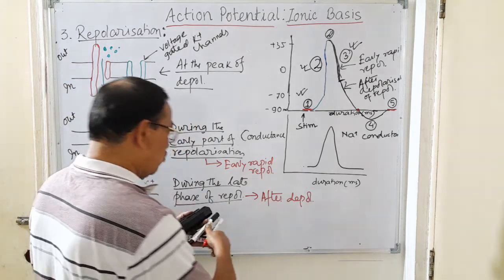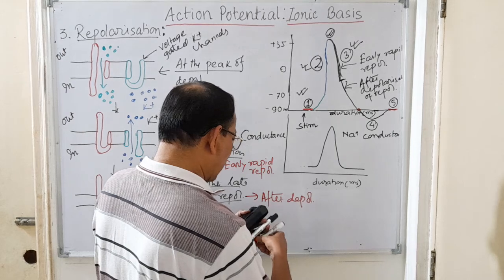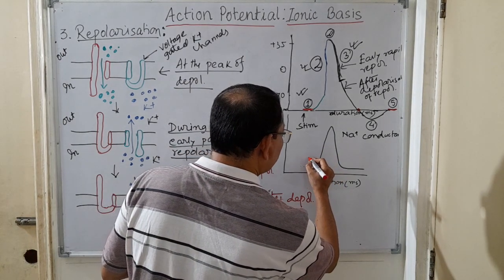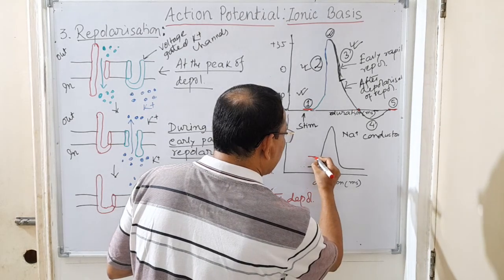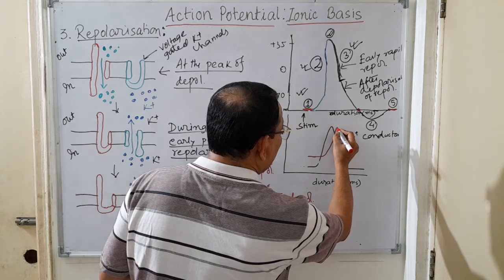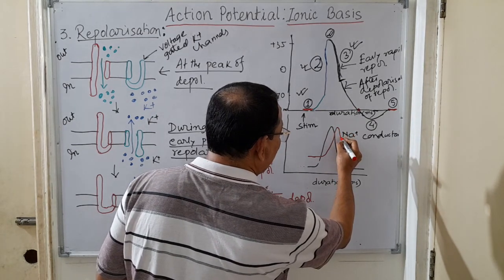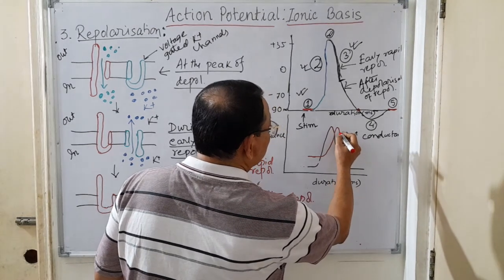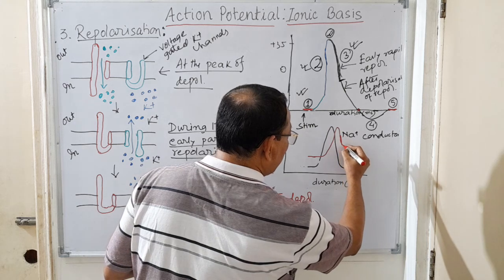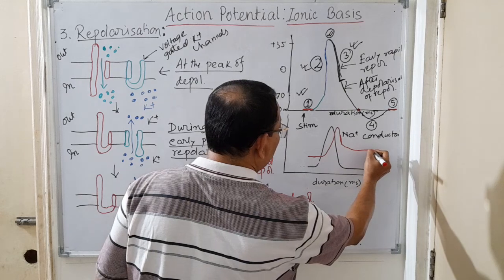So if we now consider the potassium conductance, what will the curve be like? The potassium conductance reaches its peak after the peak of the sodium conductance, and then it decreases and is maintained like this.